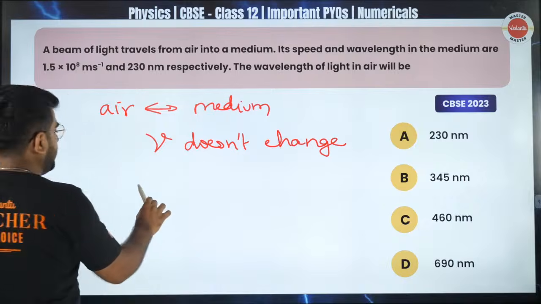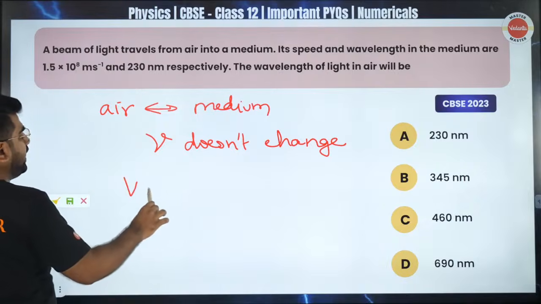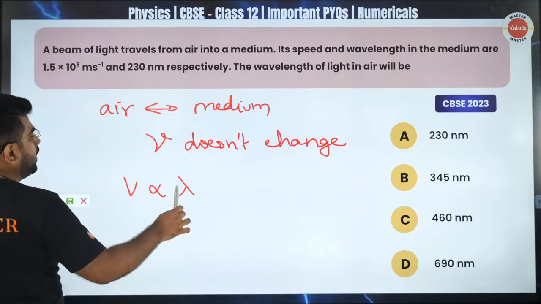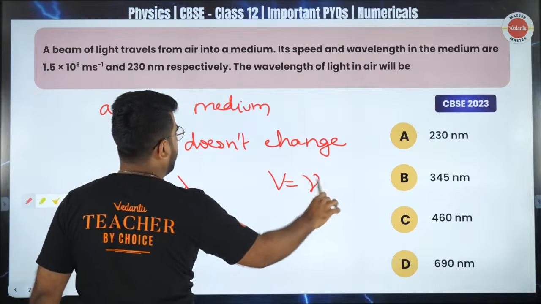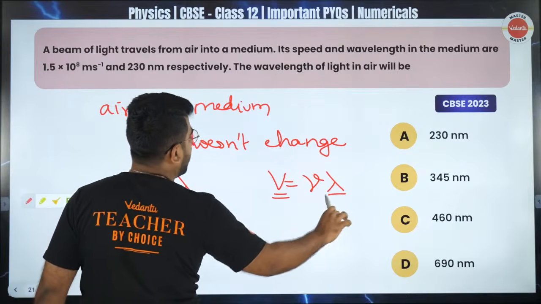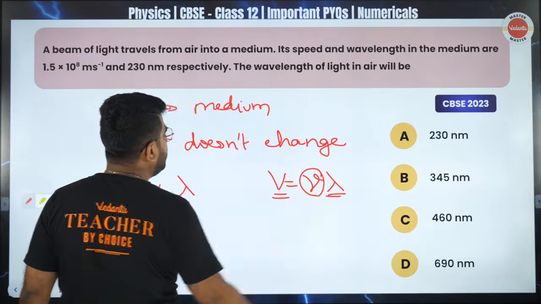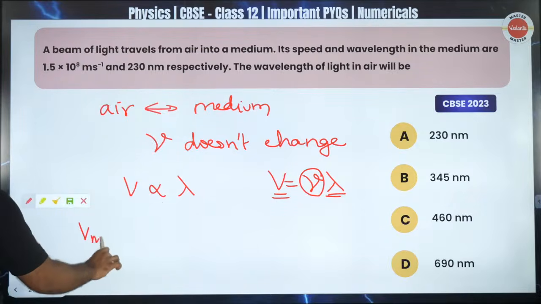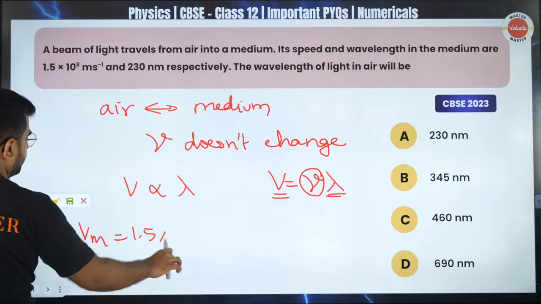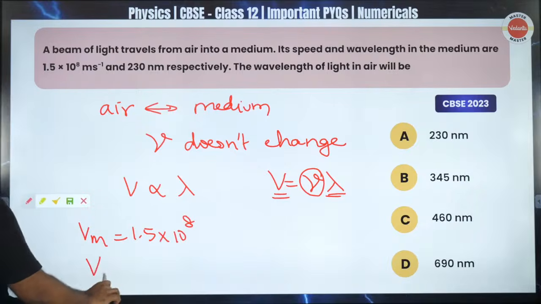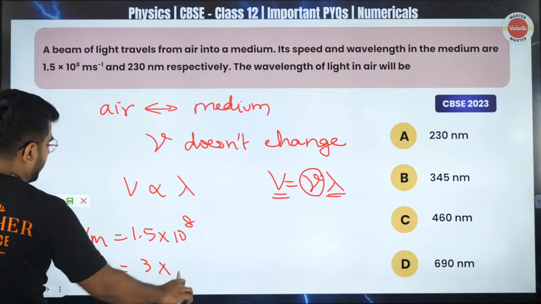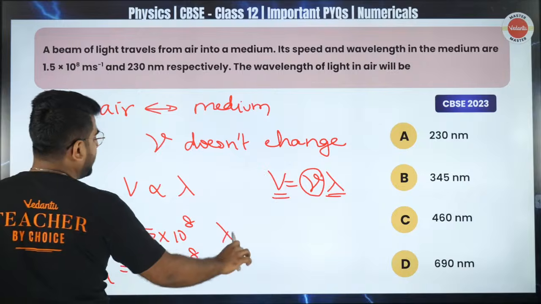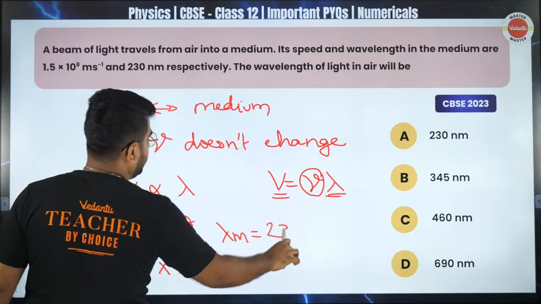So velocity is directly proportional to lambda because V is equal to nu lambda. Velocity and lambda are proportional because frequency is constant. Now velocity in medium is 1.5. Velocity in air is 3 into 10 to the power 8. Lambda in medium is 230.